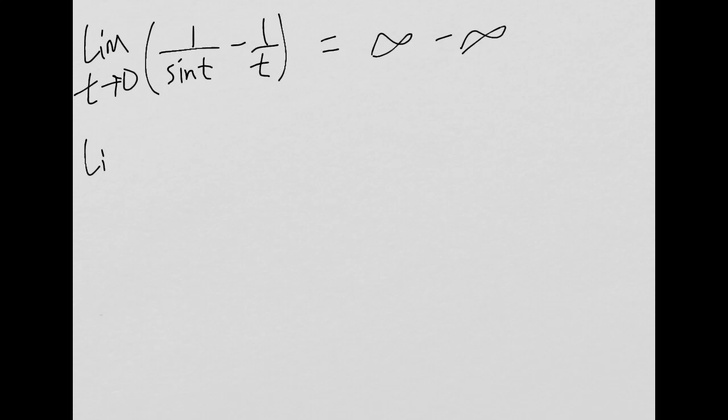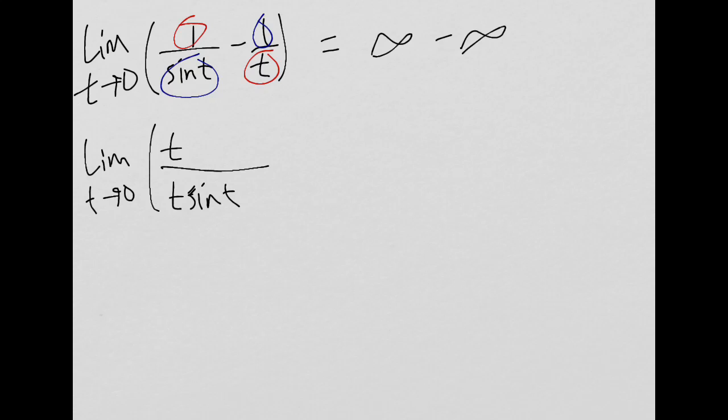So this is the same as the limit as t approaches 0 of, my common denominator is going to be t sine t. Then I multiply the t by this for the first part, so that gives me t. And then I multiply the sine t by this to give me minus sine t.